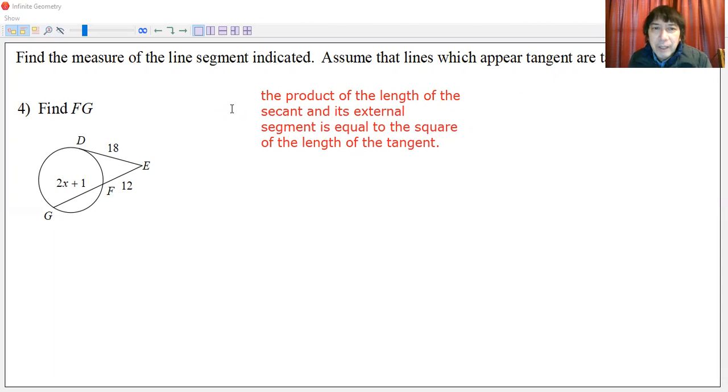So the product of the length of the secant and its external segment is equal to the square of the length of the tangent. So our working equation here will be, the length of the external is FE.